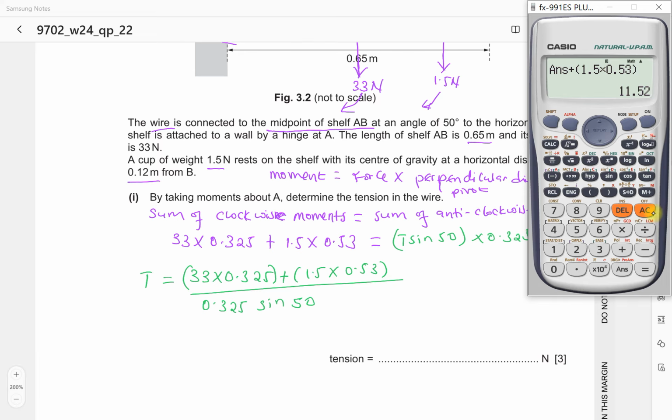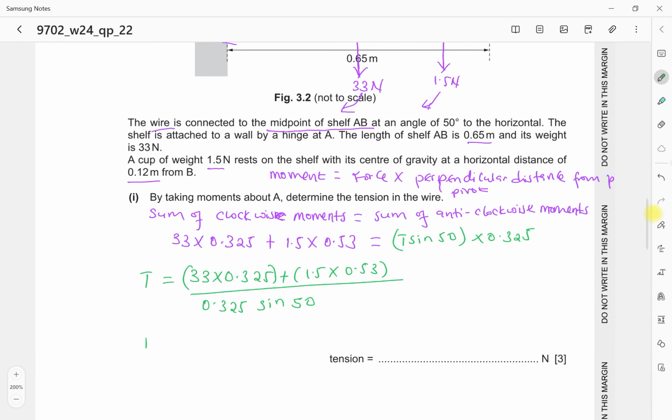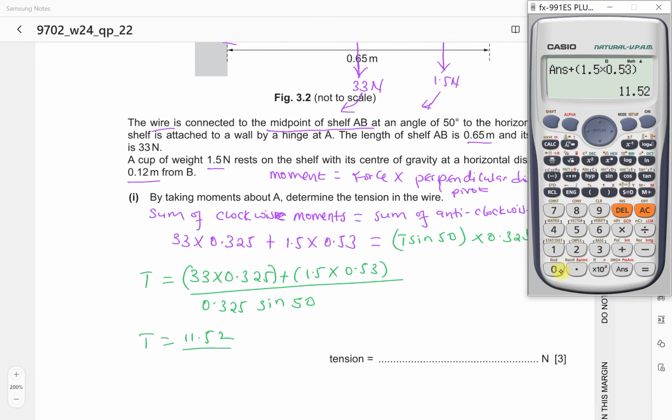Then, so that is 11.52 divided by, we have 0.325 sine of 50. That is 0.249.